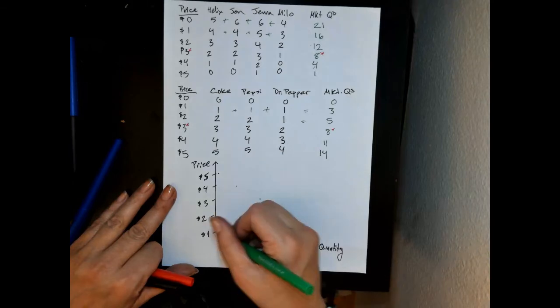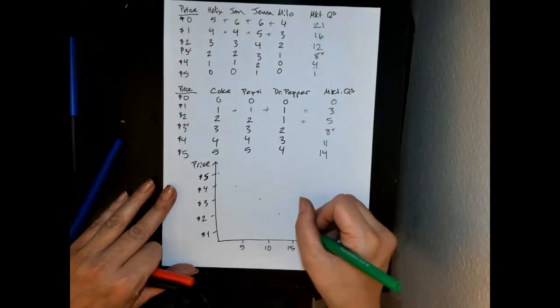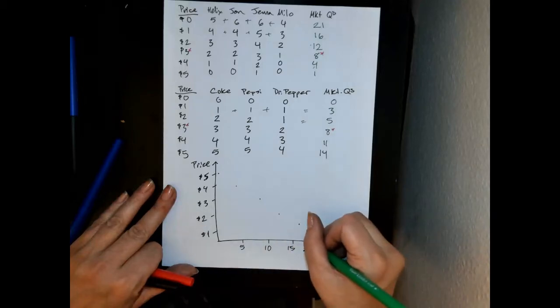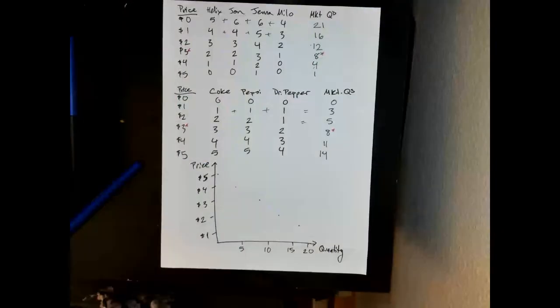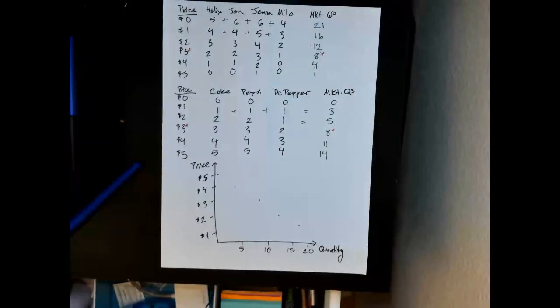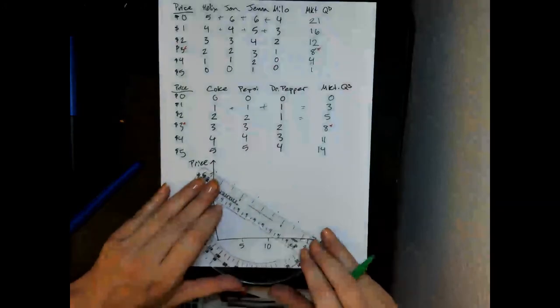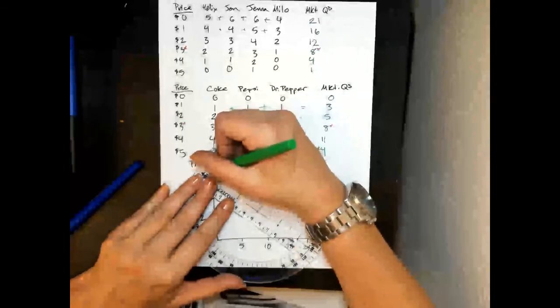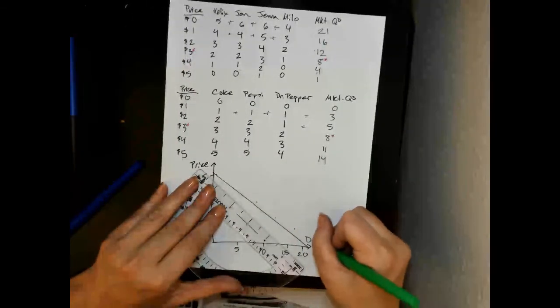And at $1, it's going to be 16 sodas. And if the price is 0, it's going to be 21 sodas. So that gives me this pretty straight looking demand curve that I can go ahead, and I'm going to be a fancy person today and get my protractor out and kind of draw that straight line. Oh, it's not as straight as I wanted it to be. That's okay. And that'll be my demand curve.